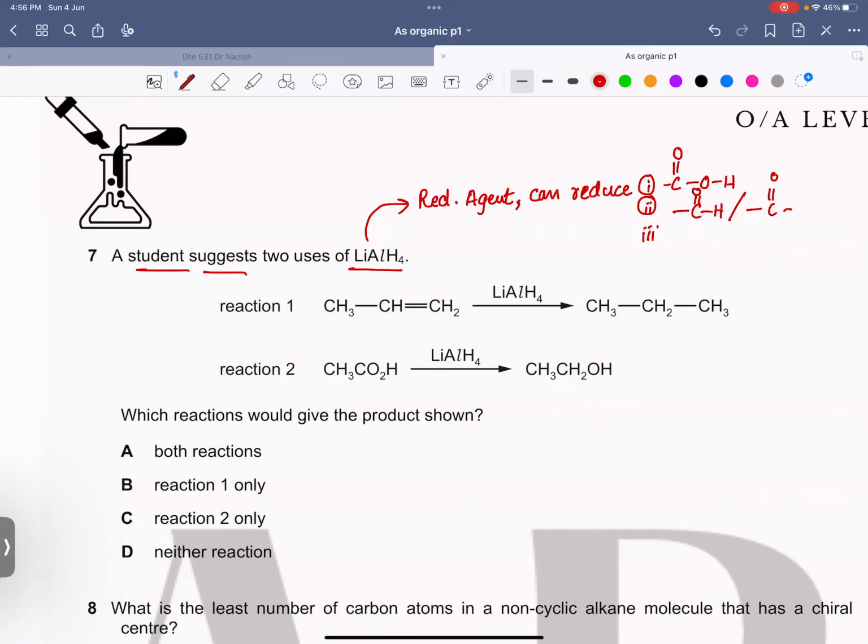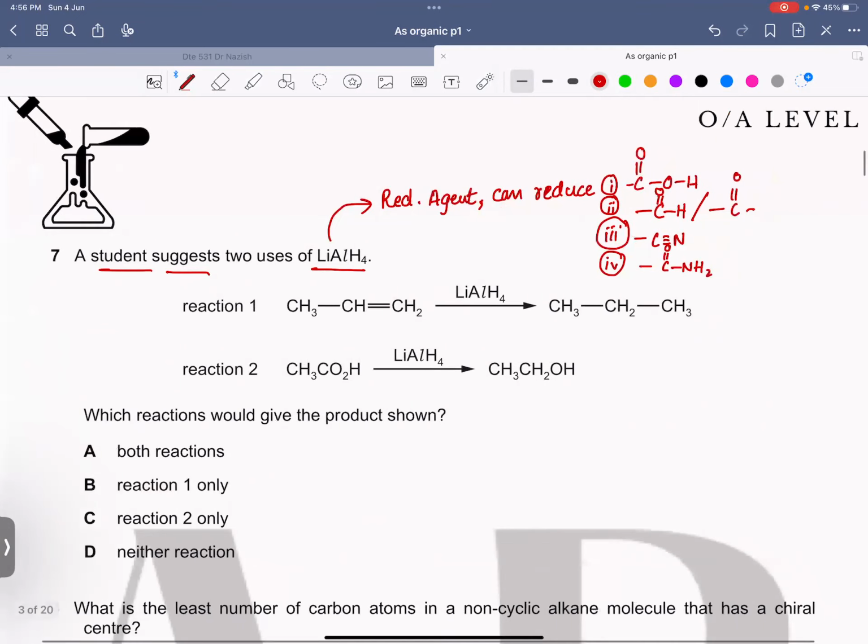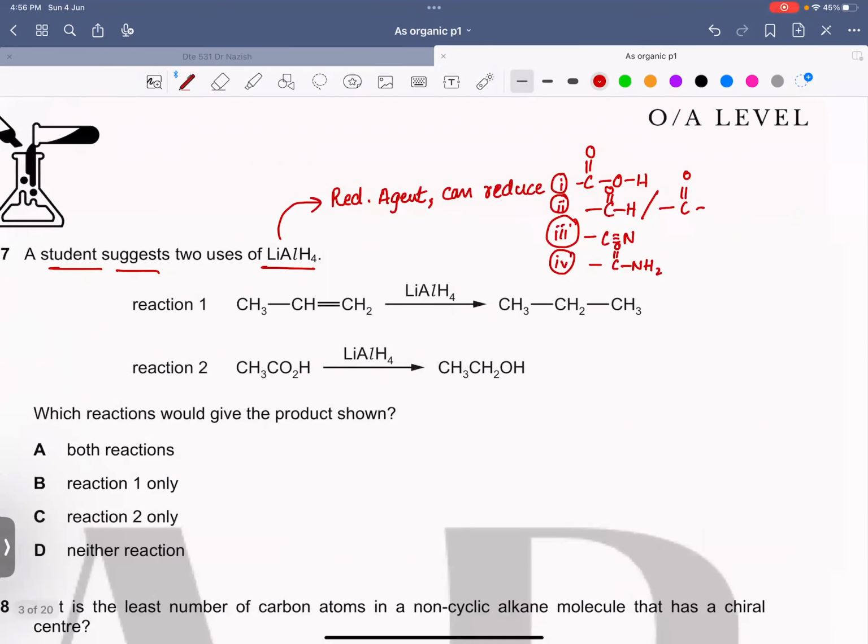Number 3, if there is a nitrile, C triple bond N. And number 4, if we have an amide as well, C double bond O bonded to NH2. These are the compounds which can be reduced by LiAlH4.